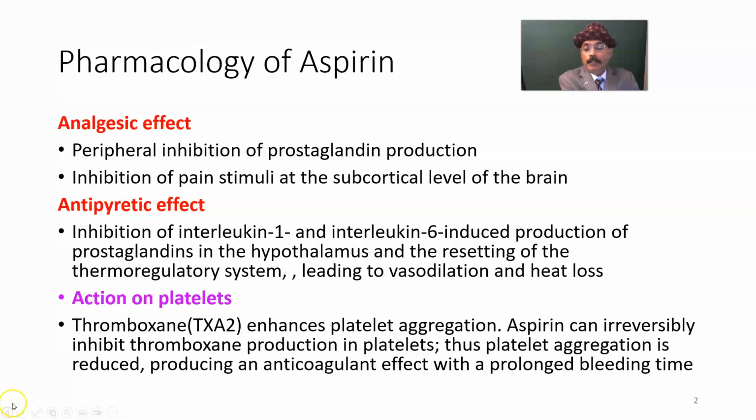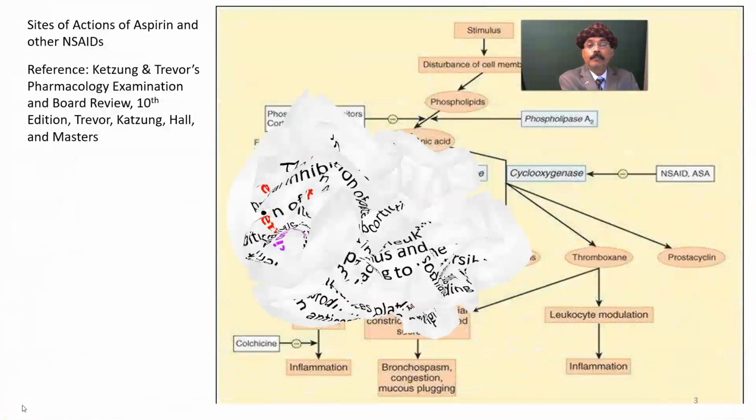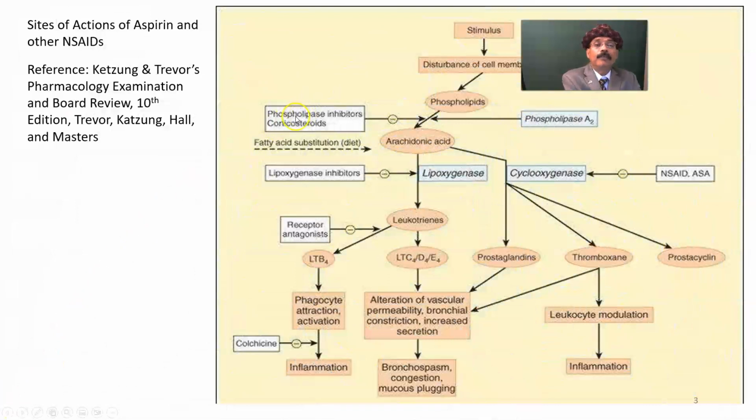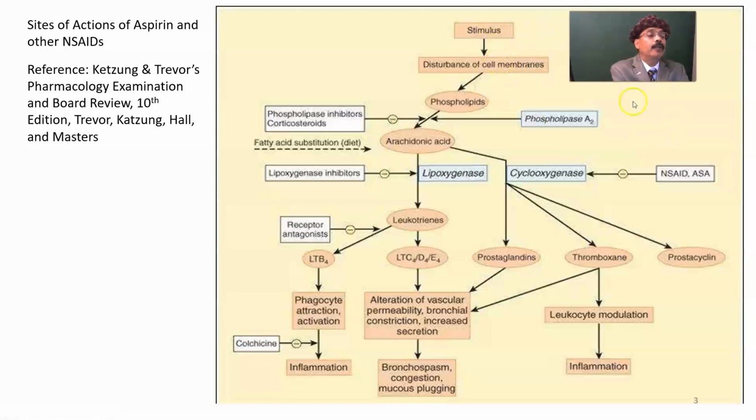Now we'll go to the image here. This is taken from Katzung and Trevor's Pharmacology Examination and Board Review, 10th edition. How does aspirin work? This is acetylsalicylic acid, or aspirin, one of the NSAIDs.